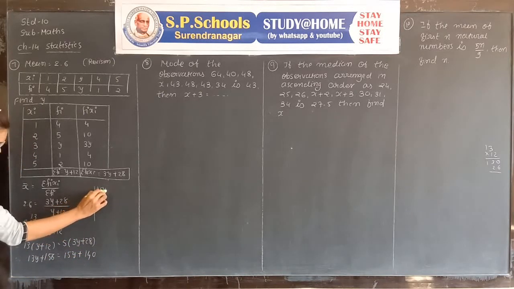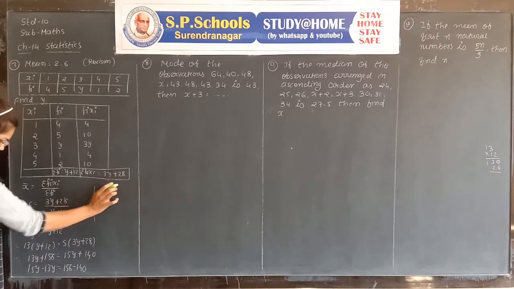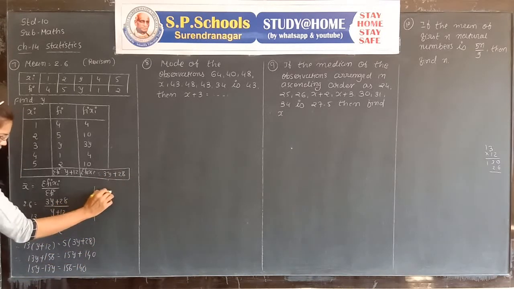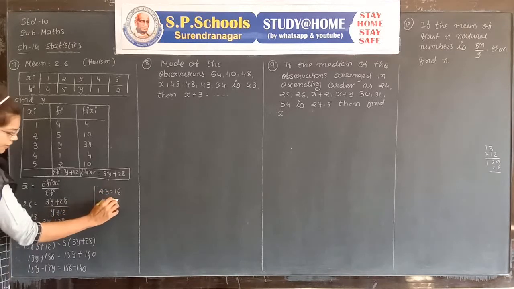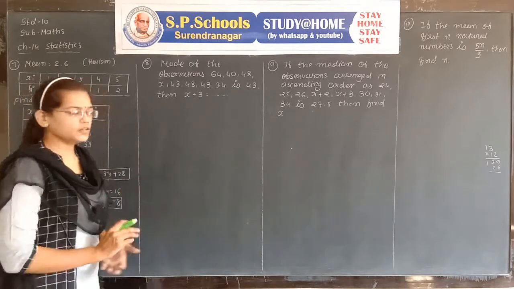Now 15y minus 13y is equal to 156 minus 140. That's why 2y is equal to 16 and y is equal to 8. Here the value of y is 8.